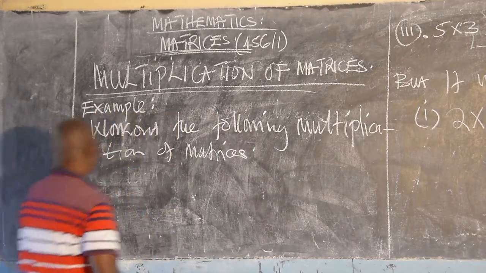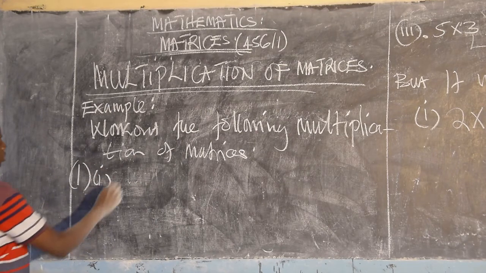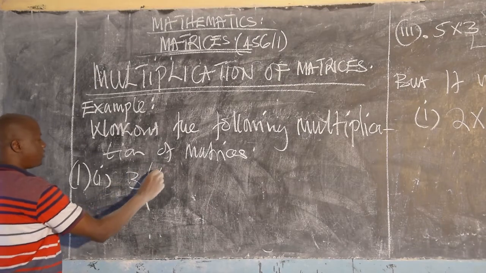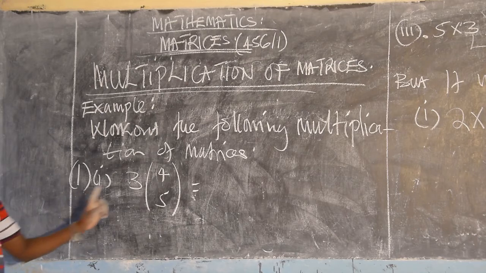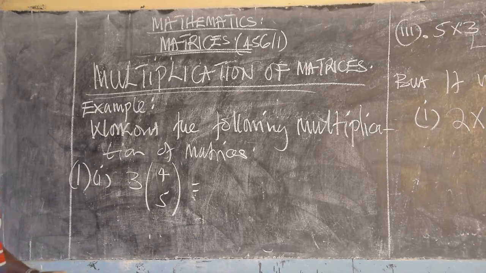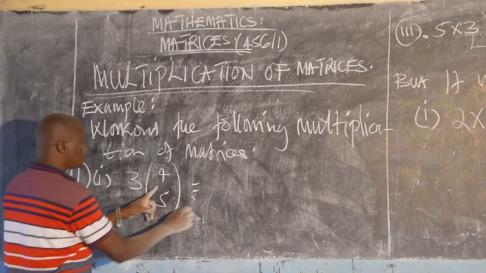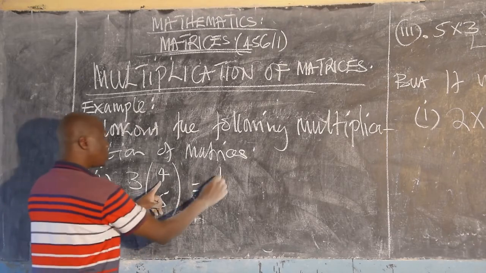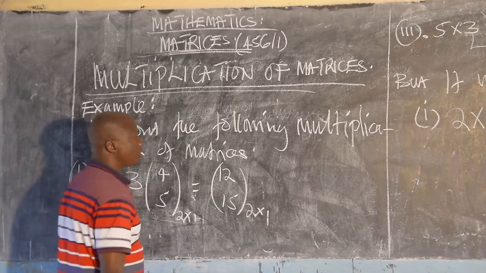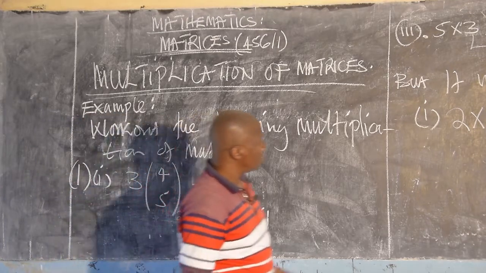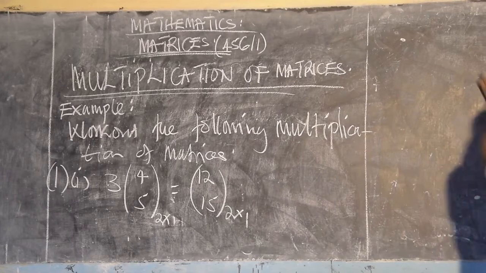Case 1, Roman number 1, we can have 3, 4, 5. We said that this field is a scalar multiple, so every number within it is to be multiplied by 3. And this is a 2 by 1, so the answer should also be a 2 by 1. That is Roman number 1.